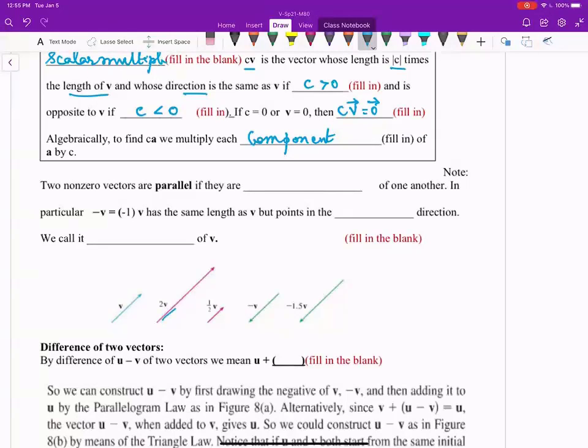The second one is 2 times V, which has 2 times the length of the vector V, and it is in the same direction as V. Half of V is half the length of the first vector V, and it is in the same direction as V. Negative V has the same length as V, but it is opposite in direction to the vector V. Negative 1.5 V has 1.5 times the length of vector V, but it is in the opposite direction of V. Two non-zero vectors are parallel if they are scalar multiples of one another.